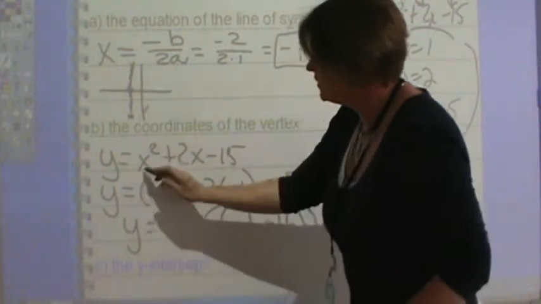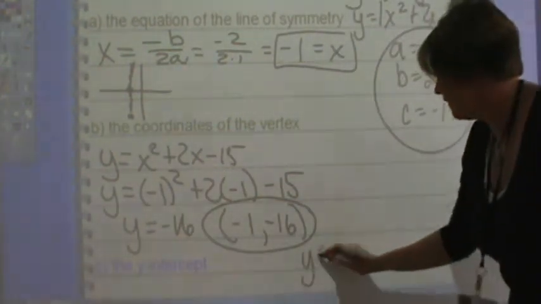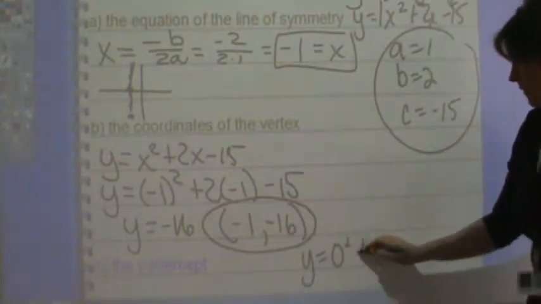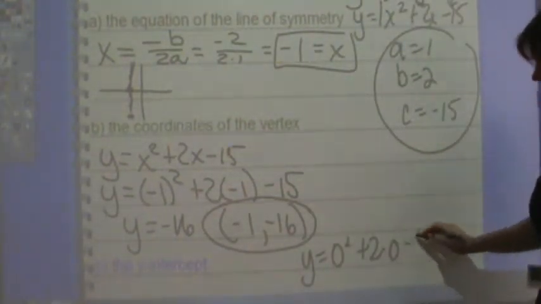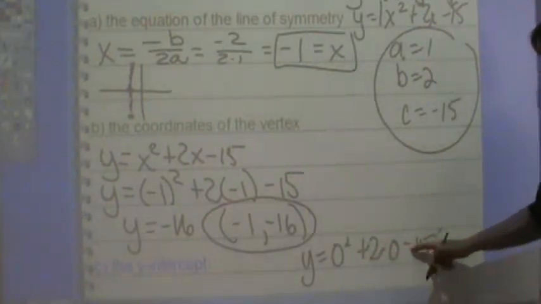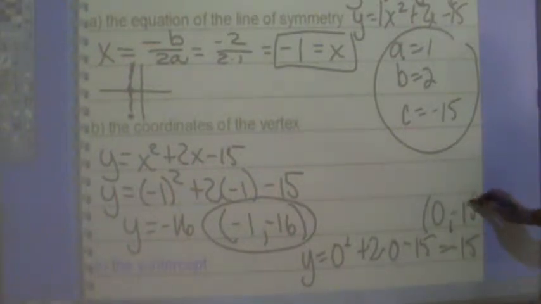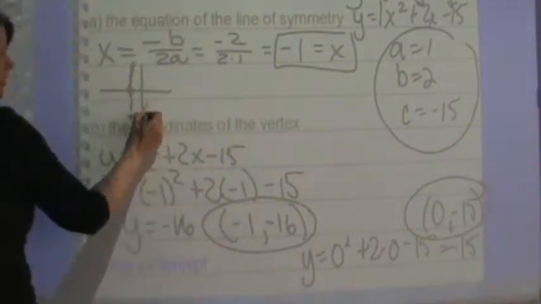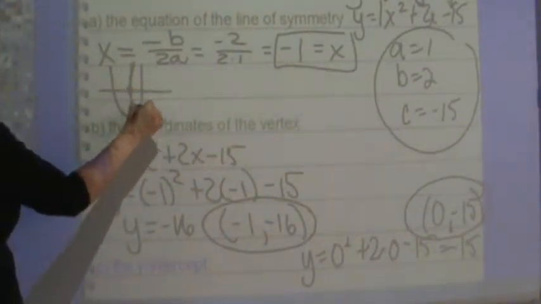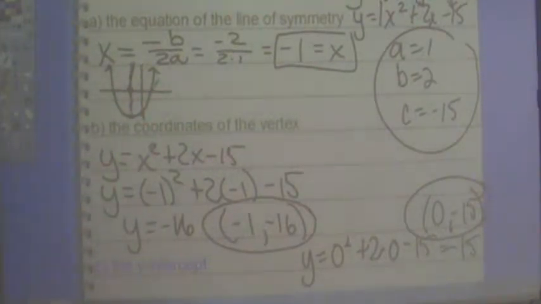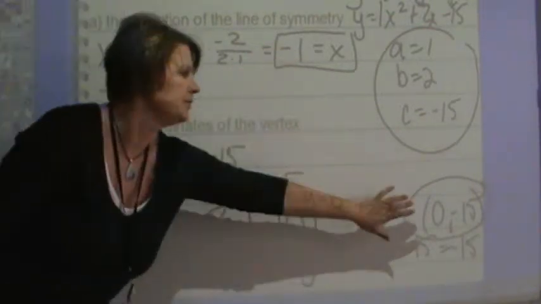So I'm going to use the same equation, but instead of putting negative 1 in, I'm going to put 0 in. 0 plus 0 minus 15 is negative 15, so my y-intercept is 0, negative 15. It comes down and comes back up. We're not figuring out the x-intercepts yet; I'll show you that later. But that shows you the shape, and I'm looking for these 3 answers.